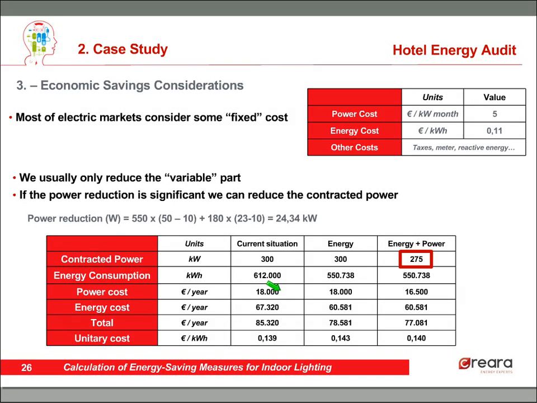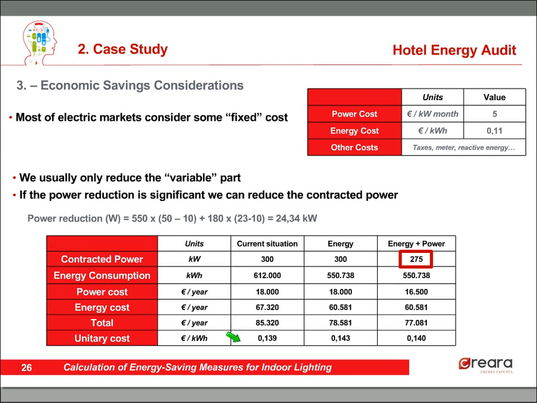So it's 18,000 euros a year. And the energy cost is 612,000 times 11 cents. So it's 67,320 euros. This 85,000 is the total cost, and the final is the unitary cost.